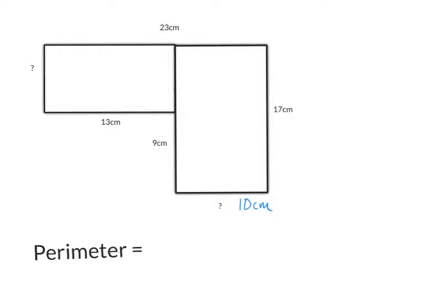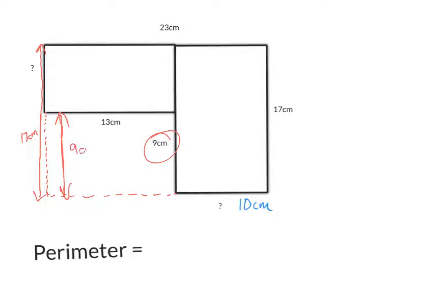So like before then, I know that all the way down, up to that point, all the way is 17 centimetres. And I know that just this part, because it says it here, is 9 centimetres.